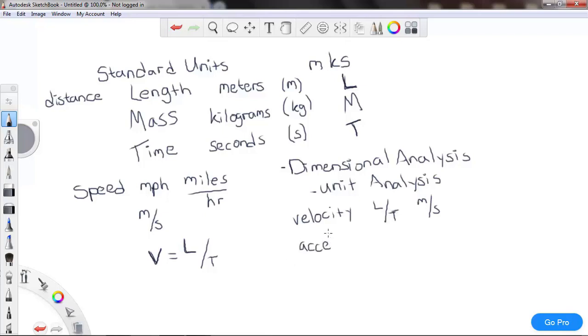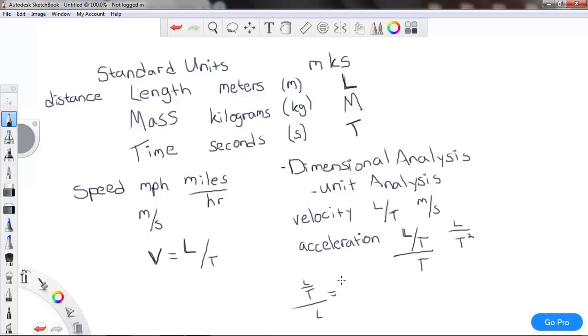Acceleration, we'll find, is a change of velocity with time. So it is speeding up or slowing down of your velocity. So it's length, the distance, over time, and that whole thing is divided by time. So when I write that as a proper fraction, it looks like length over time squared.